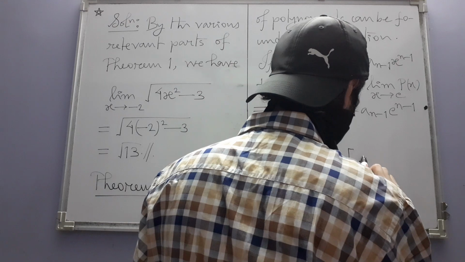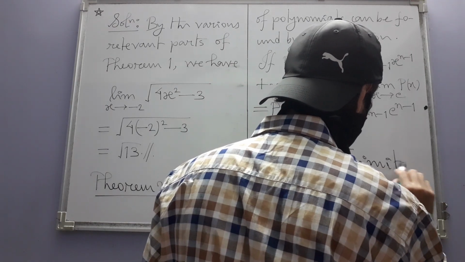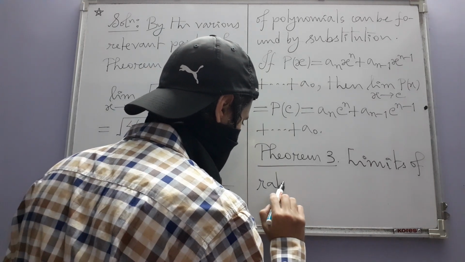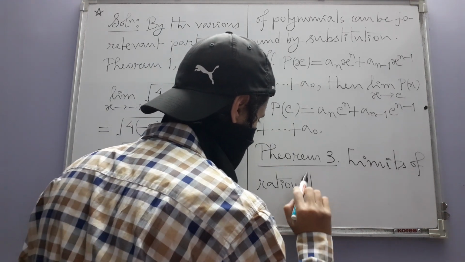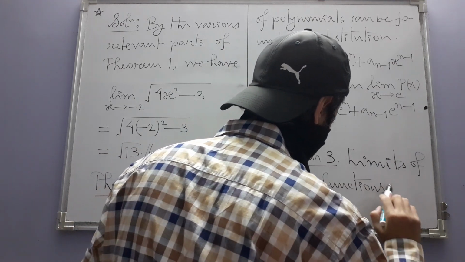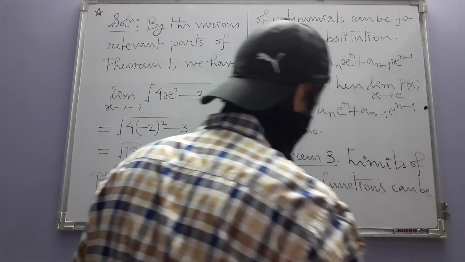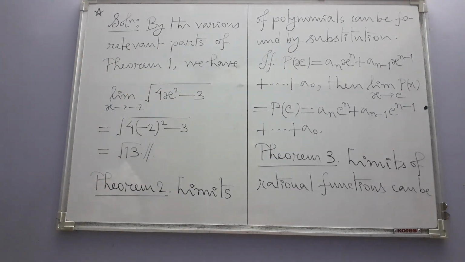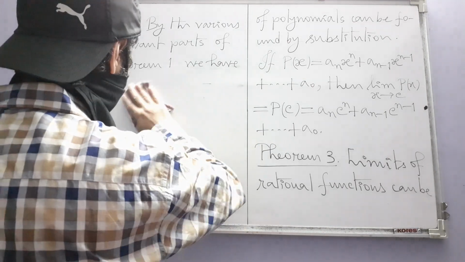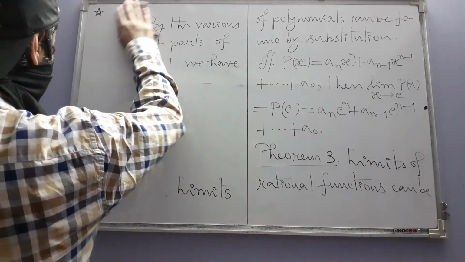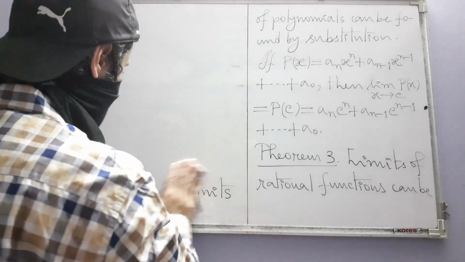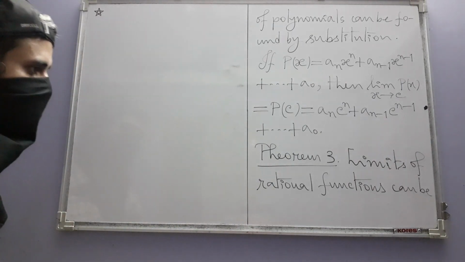Limits of rational functions, just like polynomials, can also be calculated by substitution, with one condition, of course, because you need to make sure that the denominator is not 0 after you make the substitution.